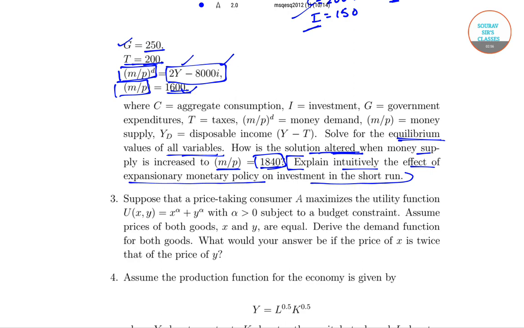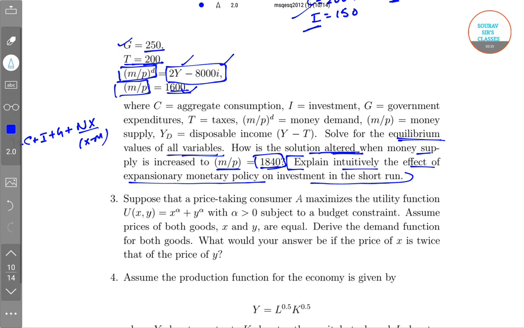So now how do we solve it? For this we will first write down the IS equation. As we know, the IS equation is Y equals C plus I plus G, so here it will be Y equals C plus I plus G plus NX, which is export minus import.